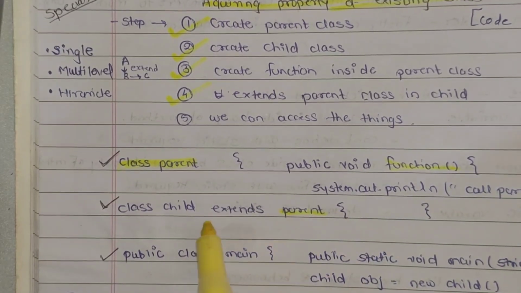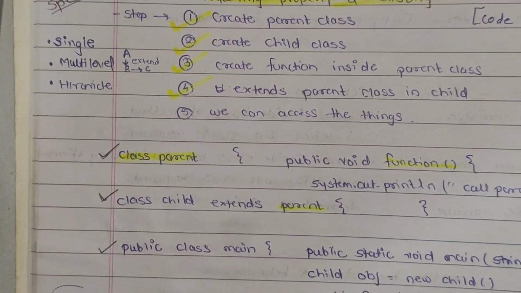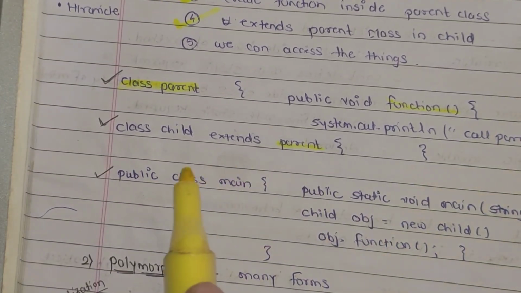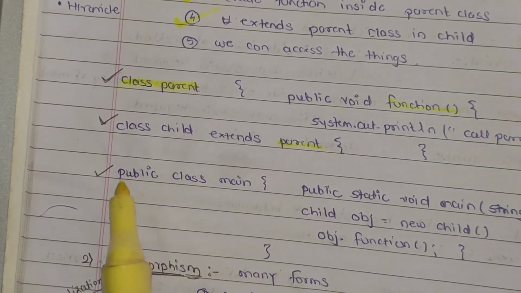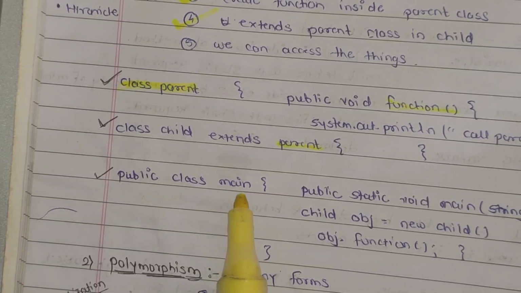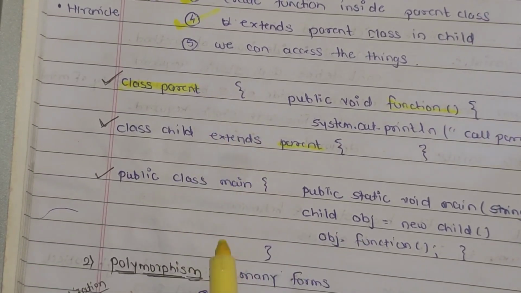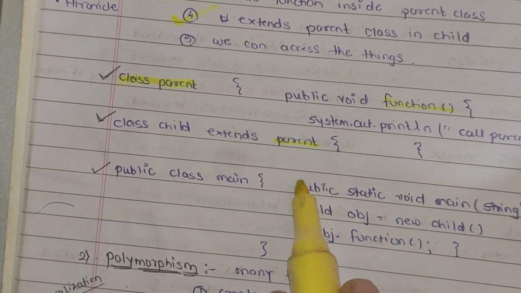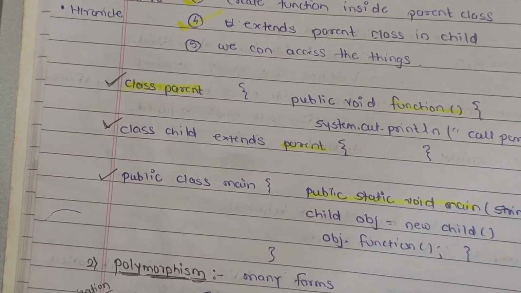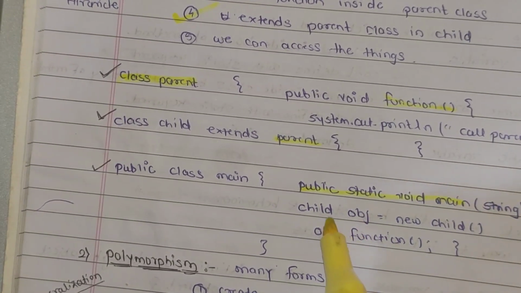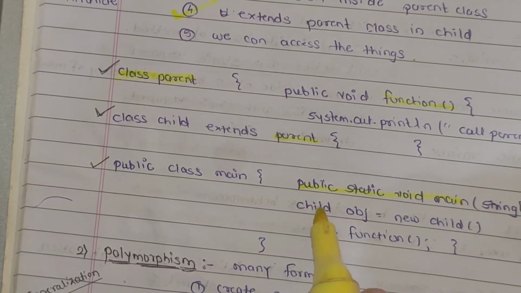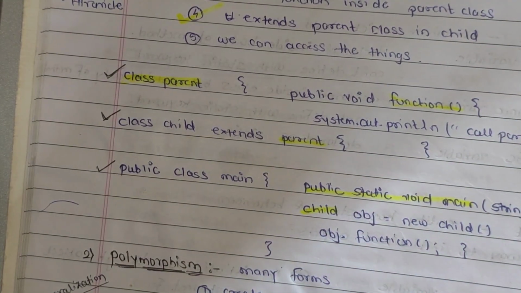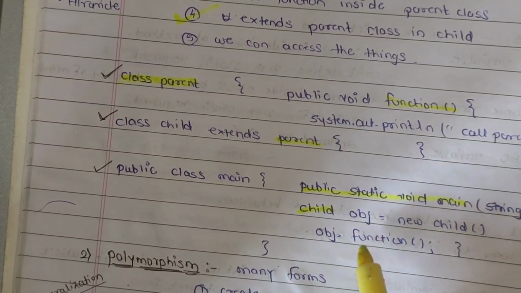So now we can create a main class. I hope it is clear to you. We create public class main, and inside that is the main method, public static void main. Inside that we create the object of child. Notice one thing, this is the object of the child class, new child.